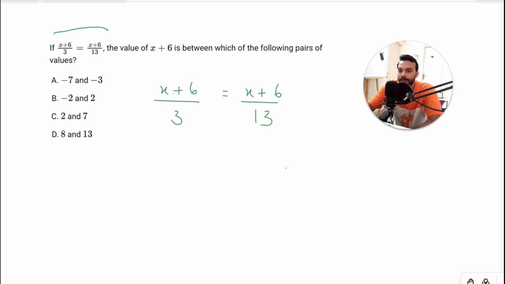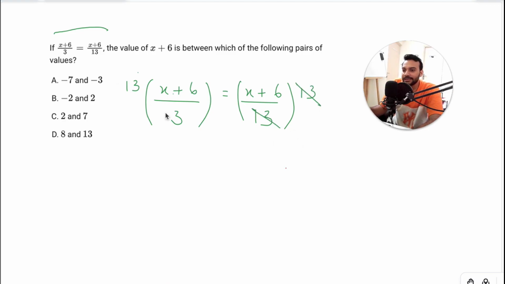Let's try to solve for the value of x plus 6. First of all, we can multiply both sides with 13. Basically what we're doing is getting rid of the denominators. So this is gone. And then we multiply both sides with a 3 in order to get rid of the other denominator.